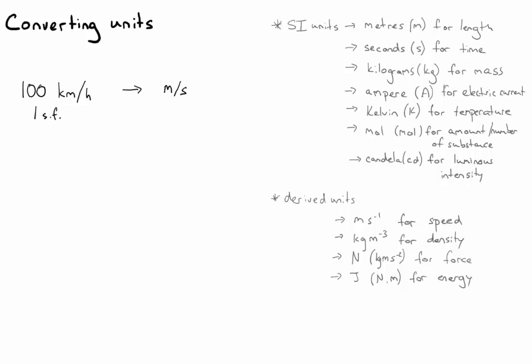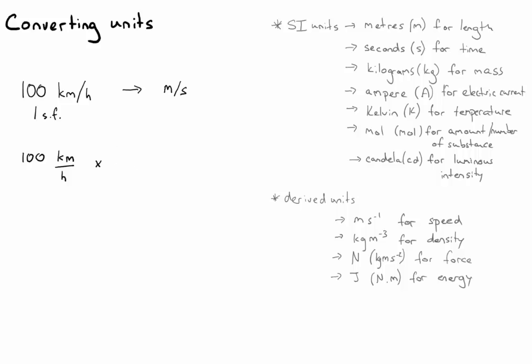Okay, so to convert one unit to another type, so kilometres per hour to meters per second, let's start with 100 kilometres per hour. Now you know that you can multiply anything by 1 and it will be unchanged. So 3 times 1 is still 3, 100 kilometres per hour times 1 is still 100 kilometres per hour. But instead of writing 1, let's do something tricky and say we want something that equals 1 here.